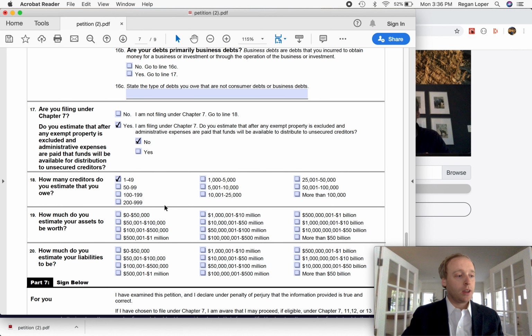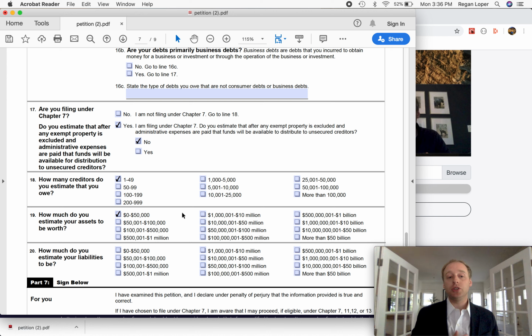Okay. 19, how much do you estimate your assets to be worth? Ashley selected between $0 and $50,000. Remember, she doesn't own any real property. She does own a car, but she estimates that all her assets together are worth less than $50,000.